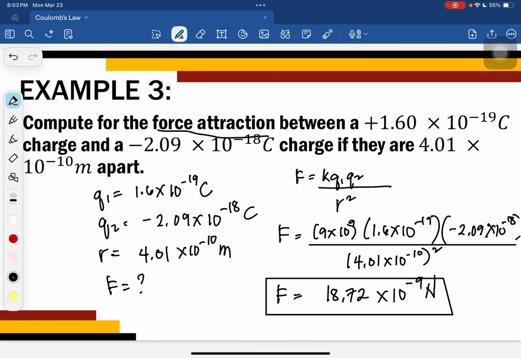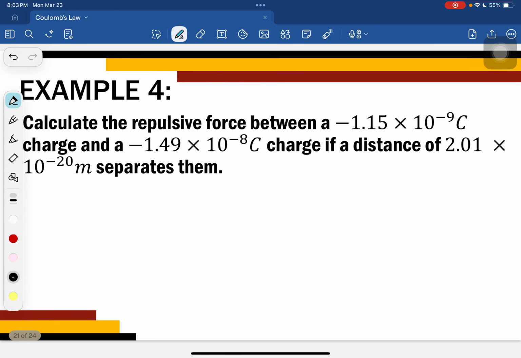Okay, let's have example 4. It says here that it's actually the same, so you can do it on your own. Again, for this problem, you will be getting the repulsive force now.